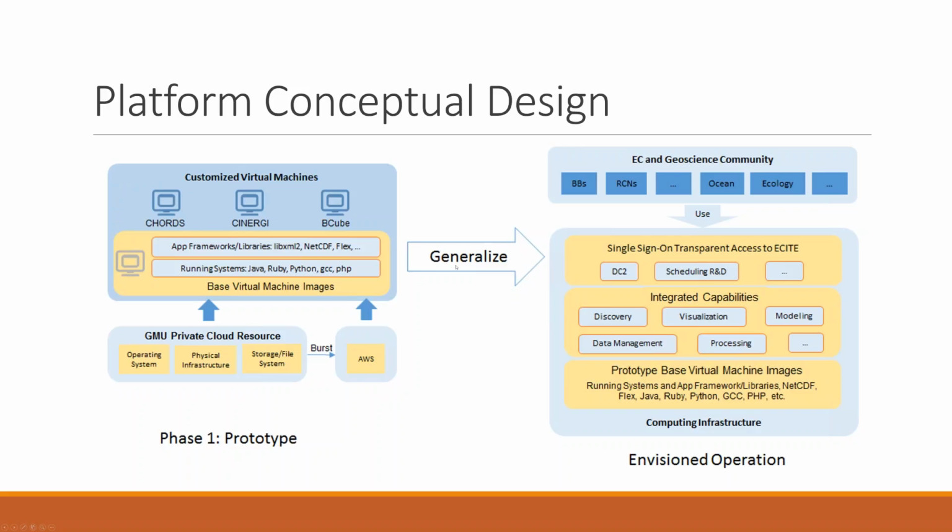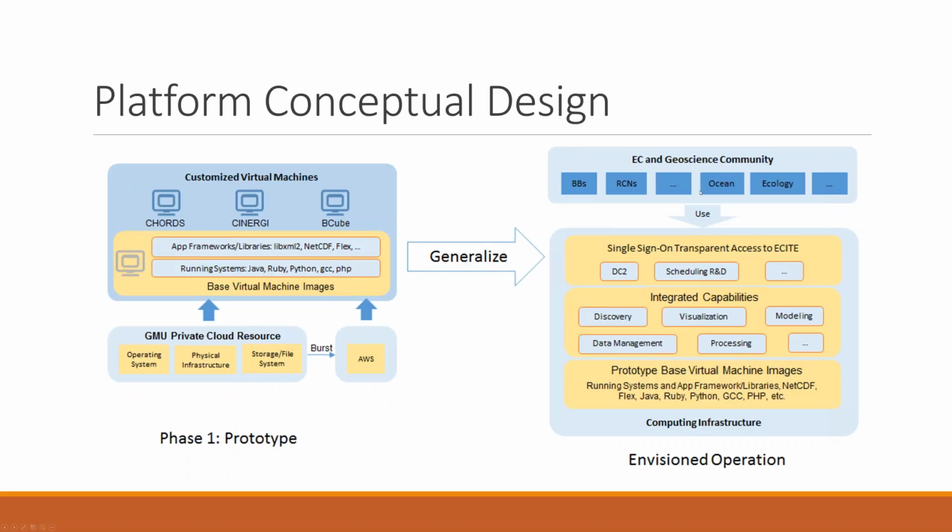We are in the process of generalizing this to have an innovation operation, as you can see here, in which we can have the cloud as a computing infrastructure, which will have the basic virtual machines, and then we can integrate the capabilities from different projects and have single sign-on transparent access to the platform for ECITE from different communities within geoscience.